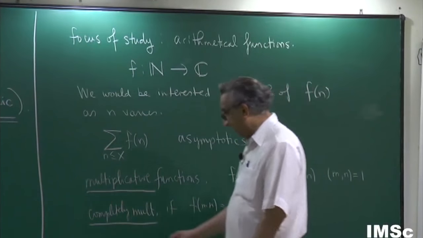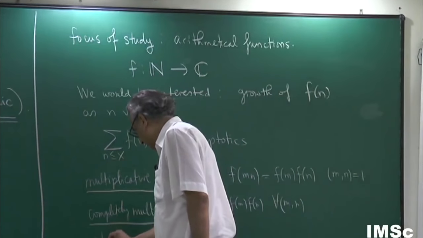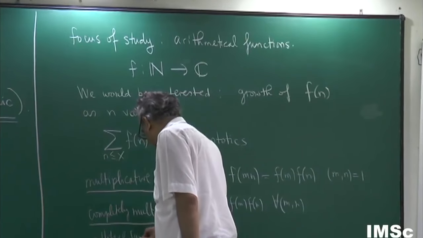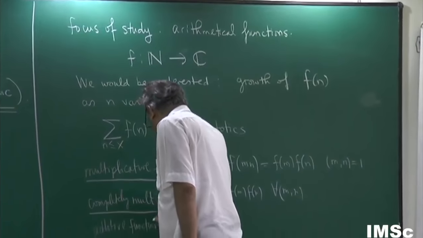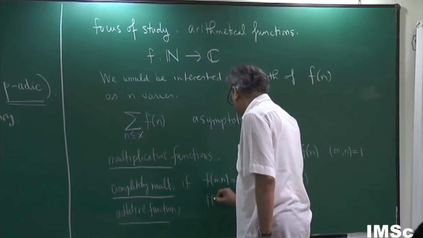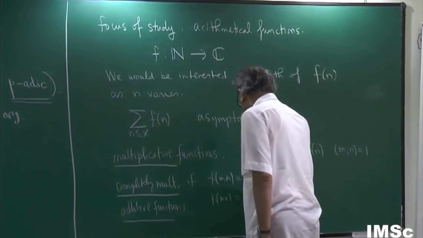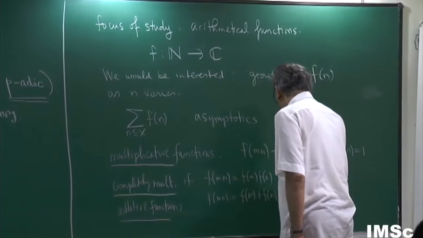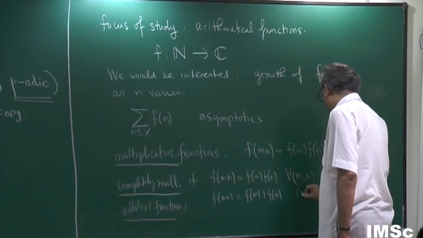We say a function is an additive function if f of mn is equal to f of m plus f of n whenever m and n are relatively prime.